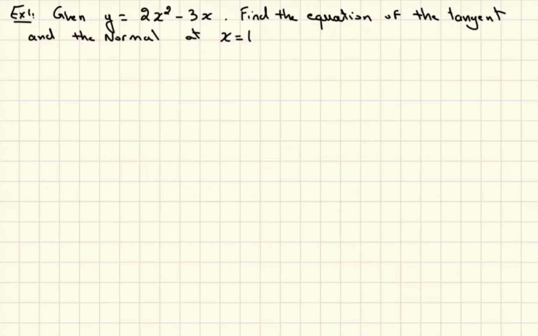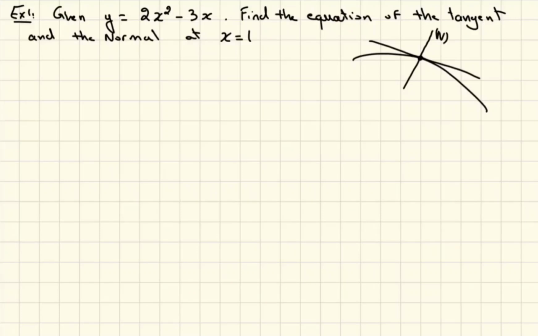Now, if I'm doing this question, first of all, I need to know what is the point I'm working with. The point we have is a point belonging to the curve, and it belongs to the tangent at the same time, and it belongs to the normal.